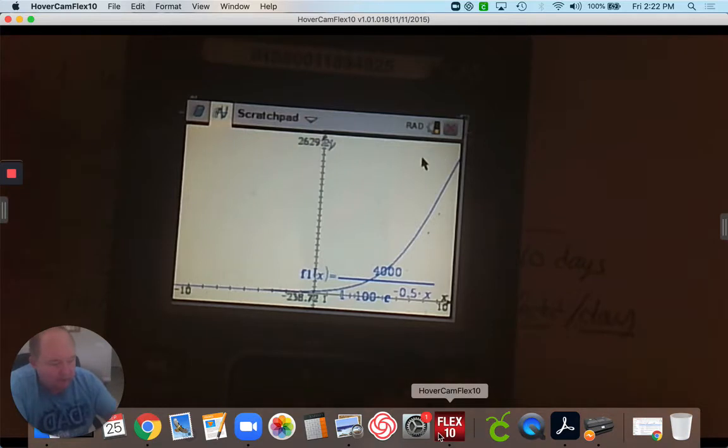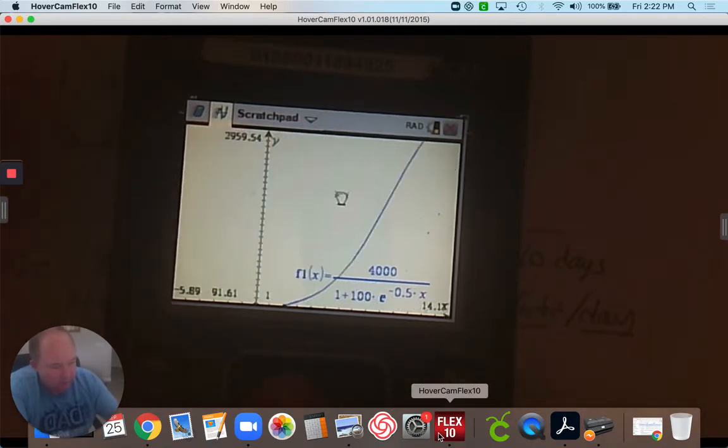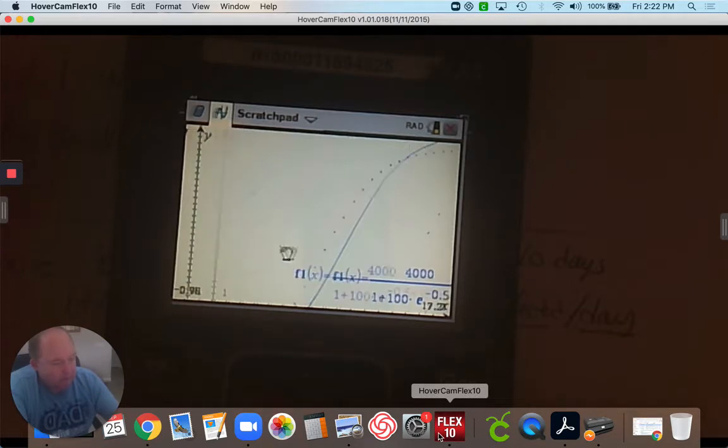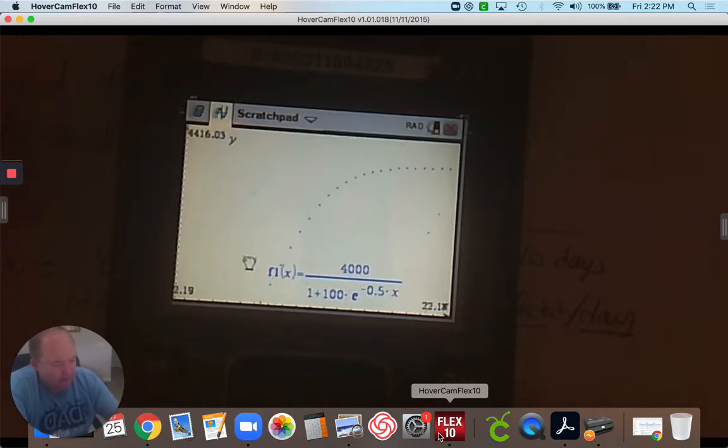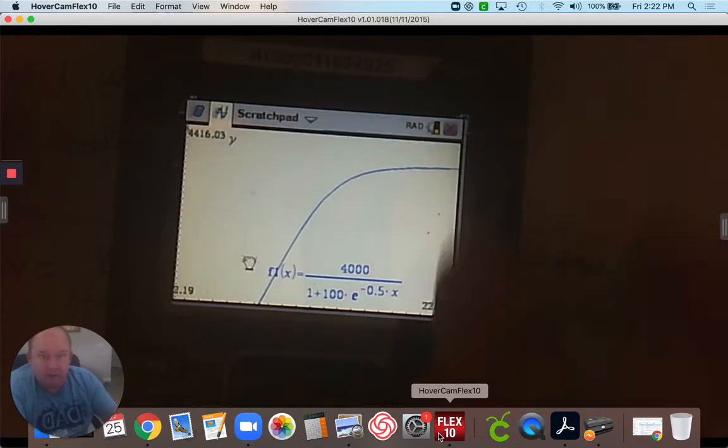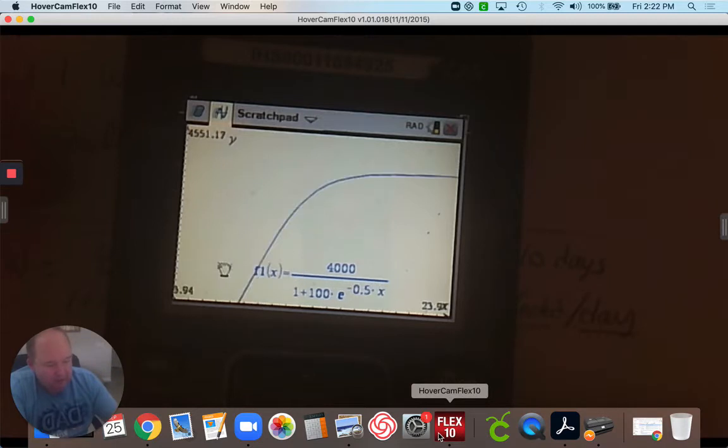Now I'm going to drag this graph a bit. See, I'm trying up here somewhere, it's going to flatten out as a maximum. I think it's 4,000, to be honest. So up here, I'm going to flatten this out and think, what is that value way up there?